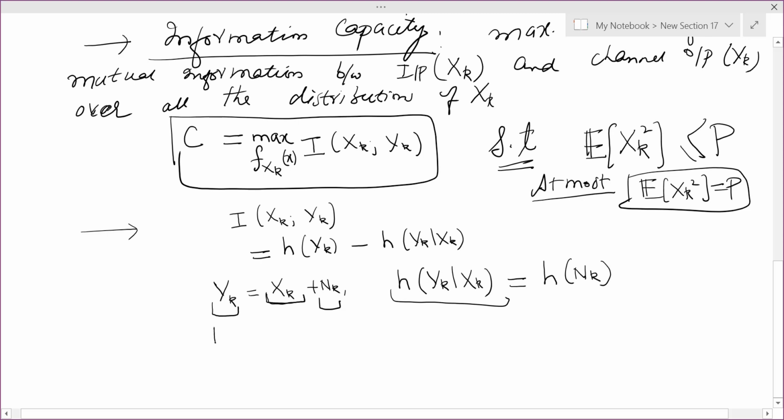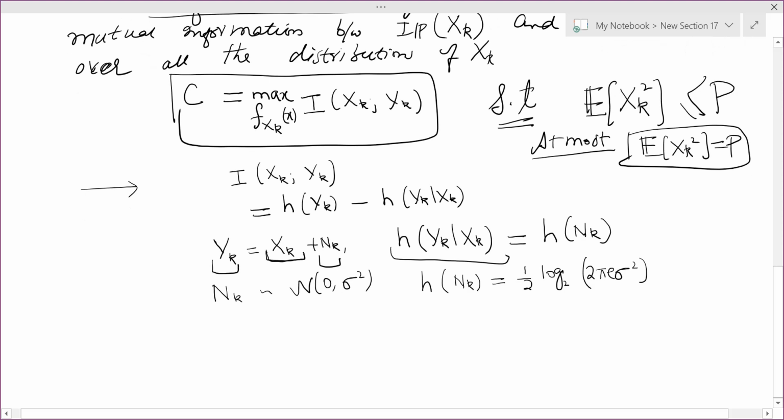And this noise we have assumed is Gaussian, zero mean, variance sigma square, right? And we have derived in the last class that the differential entropy for a Gaussian random variable is half log to the base 2 pi e sigma square, right?